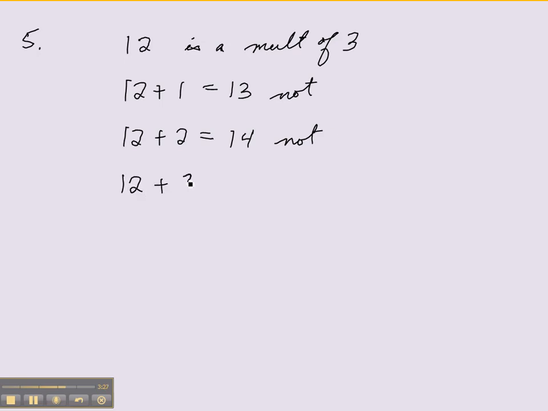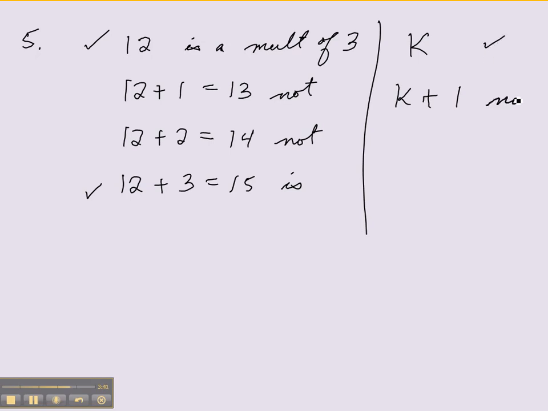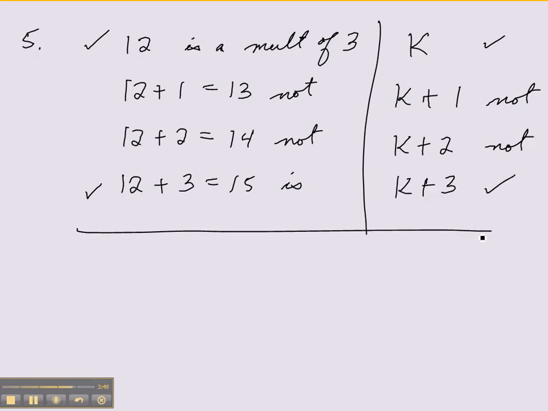So multiple of 3, and these in here are not. So let's say we have something like k. K plus 1 cannot be a multiple of 3. K plus 2 cannot be a multiple of 3. But k plus 3 is a multiple of 3. So if a plus b is a multiple of 3, if we add 1, we cannot have a multiple of 3. Answer choice C.